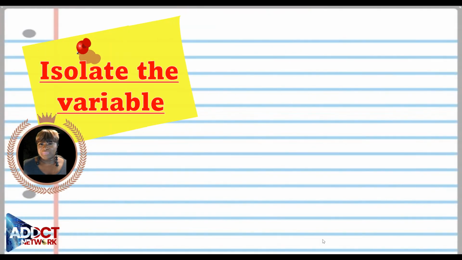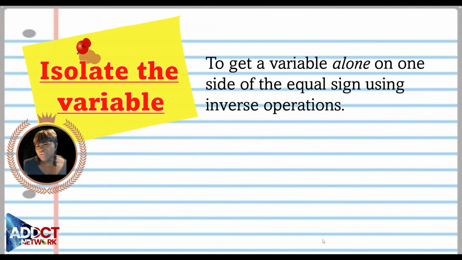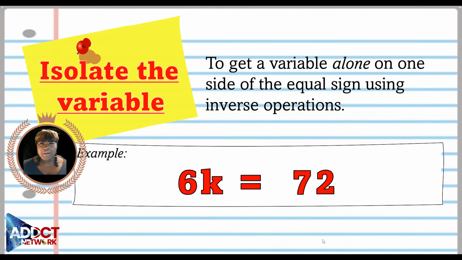Isolate the variable. To isolate the variable is to get the variable alone on one side of the equal sign using inverse operations. For example, we have the equation 6k equals 72. Our variable k is on the left side of the equal sign. We see that k is being multiplied times 6.